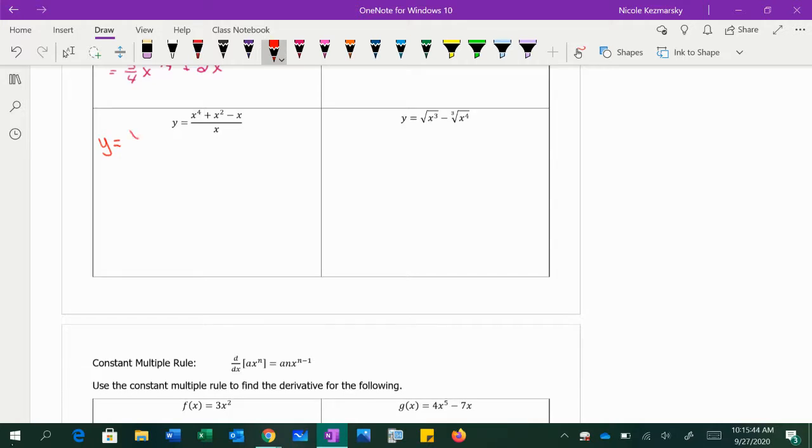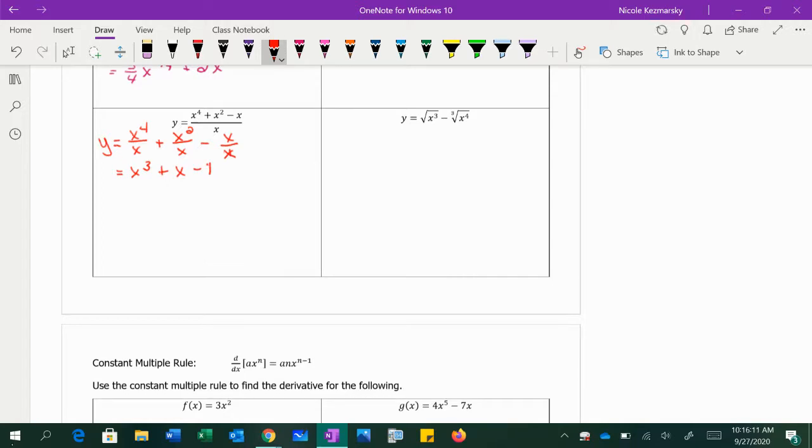I'm going to rewrite y, and I'm going to split it up so that each piece of the numerator gets divided by the denominator. If I do that, I get x cubed plus x minus 1, because x divided by x is 1.